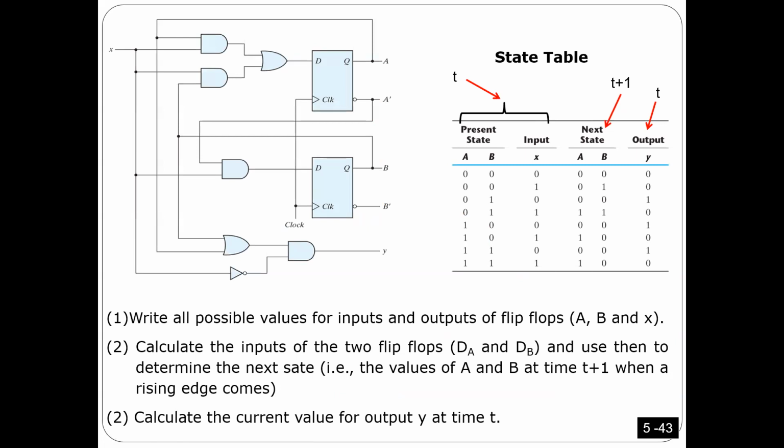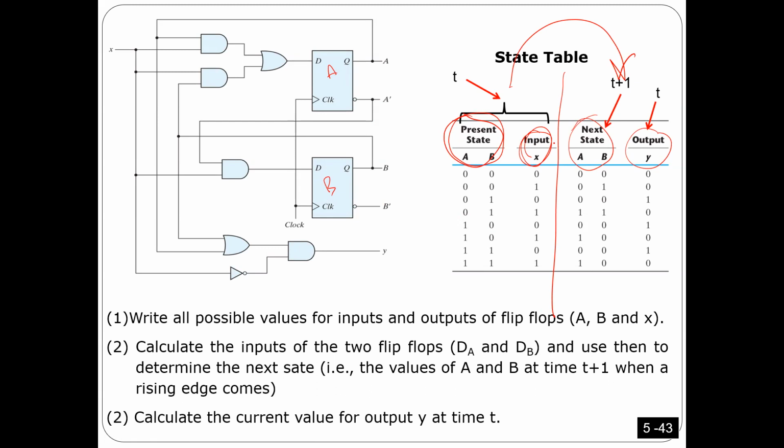Yeah, so this is the state table. The state table is telling you, given the current state or the present state for flip-flop A and flip-flop B, and given the value of the input, okay? You can consider this like the input. So given these inputs, what is the output, and what is the next state?